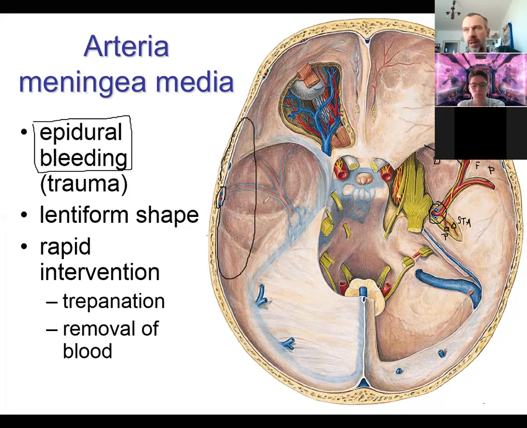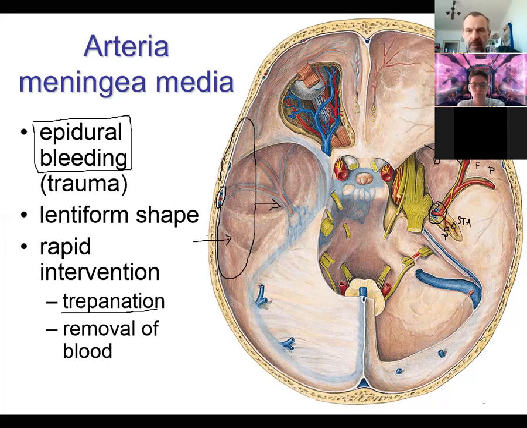This bleeding compresses the brain and it can cause a loss of consciousness and even death. So what you have to do, even the old Egyptians have done it, you drill a hole, we call it trepanation, and you remove the blood. So remember, middle meningeal artery can cause epidural bleeding.